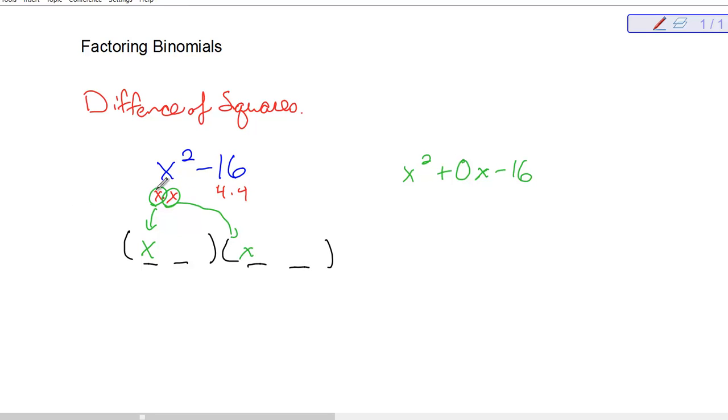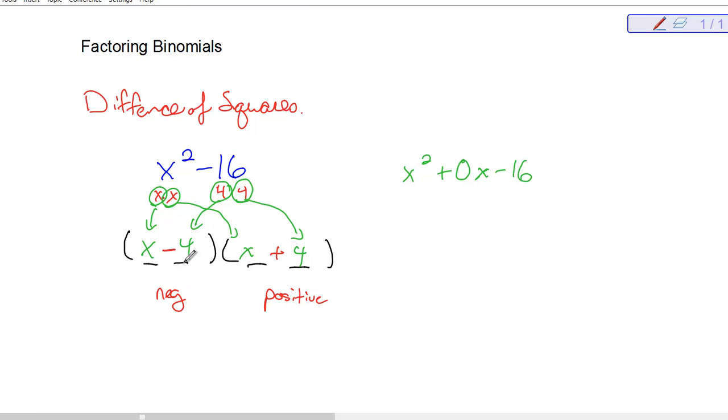So the first variable gets split up into the first blanks, and the second number here, the 4's, get split up and go into the last blanks. So 4 and 4. And then what happens with my signs is that I'm going to have one negative and one positive. So I'm going to have a negative and a positive. And in this case, it does not matter what order I put it in.